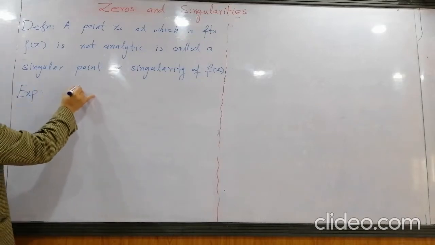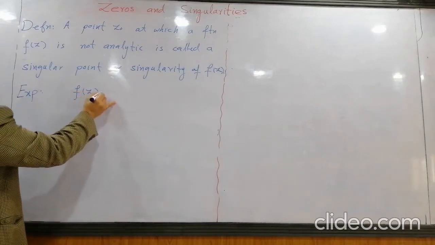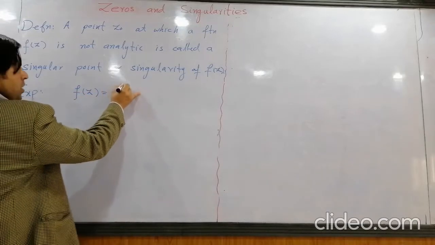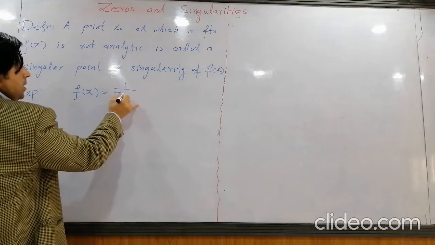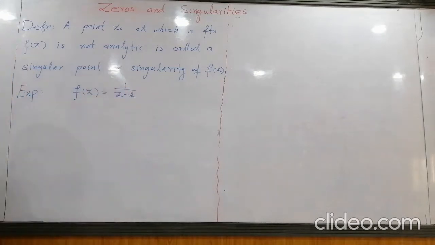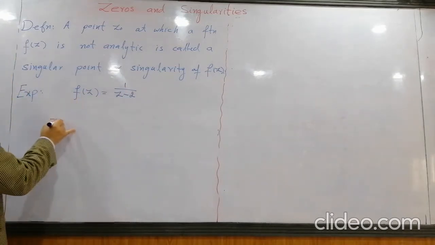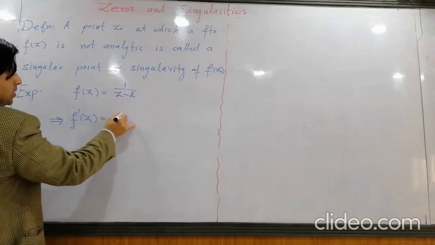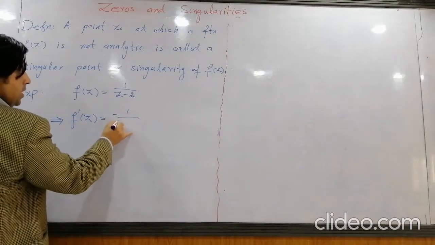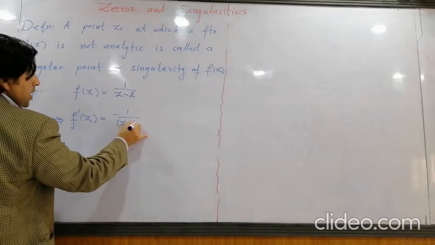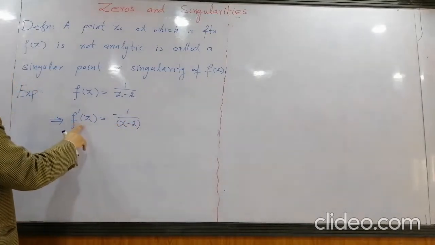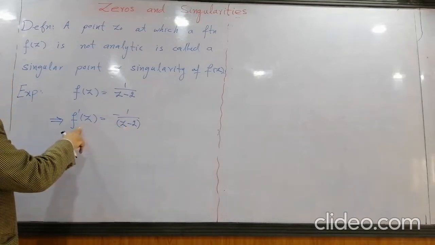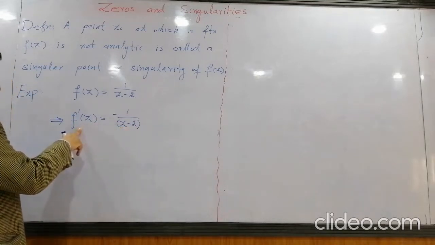I have a function f of z which is equal to 1 over z minus 2. Now let us differentiate this function. If I differentiate this function, I will get minus 1 over z minus 2 whole square. Now if I put z is equal to 2 here, you will get that f dash of z is undefined.